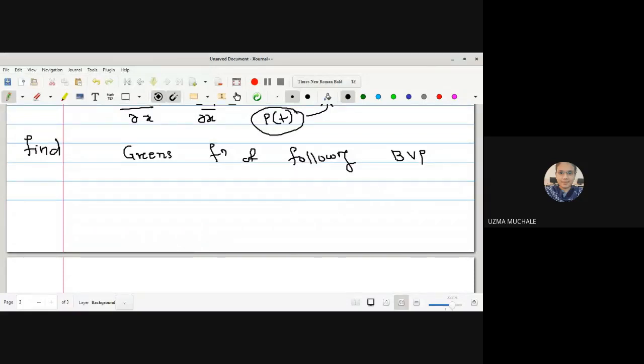Write the problem: y double dash is equal to 0, y of 0 equal to y of L equal to 0. This is the boundary value problem provided to us. What is the question? Simply we have to find out the Green's function.